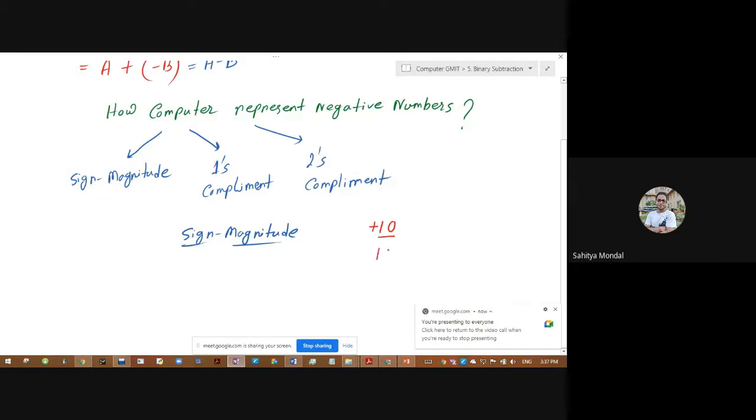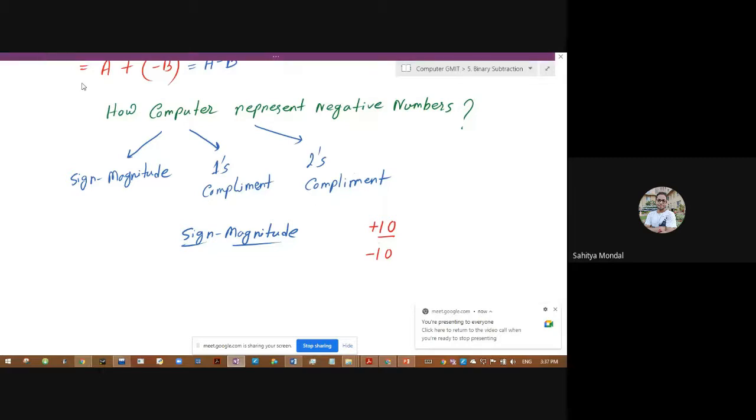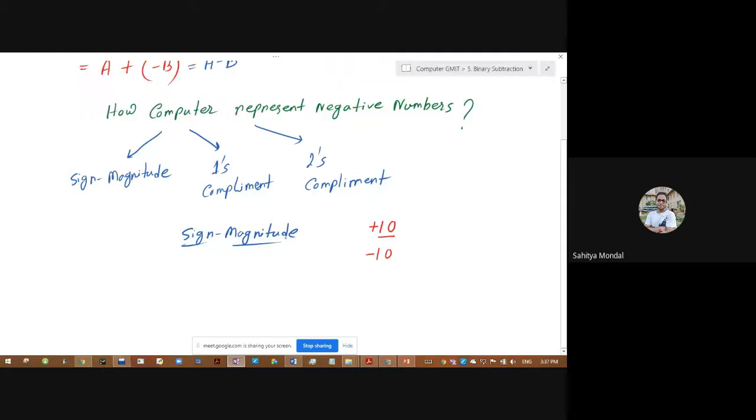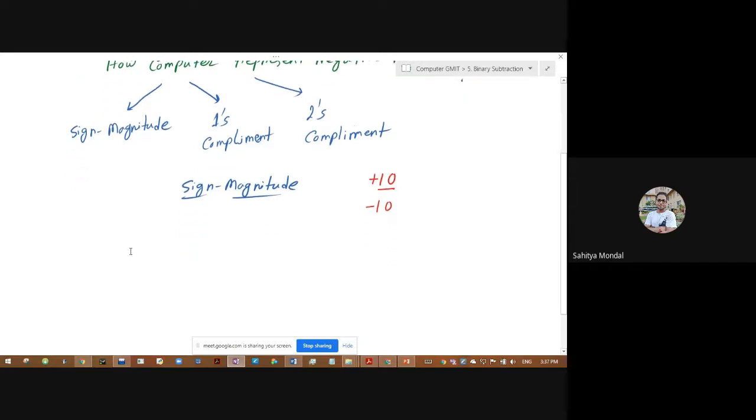When we write minus 10, we assume it is negative. But once you convert 10 into binary, 10 is 1010. How can you tell the computer whether it is plus 10 or minus 10?